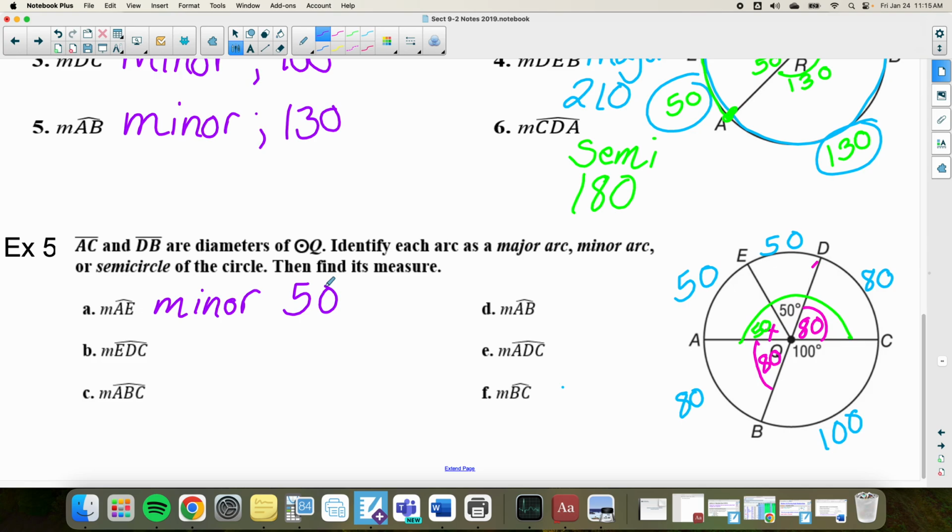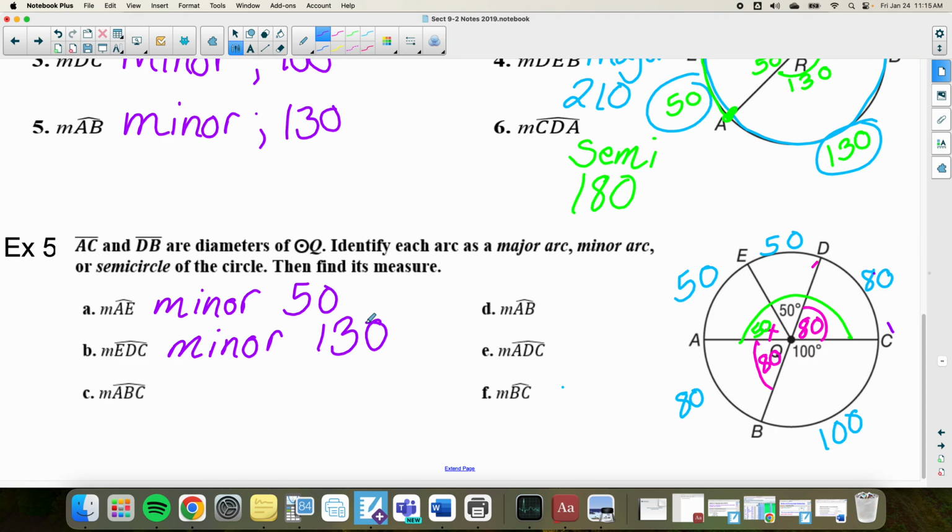So this has 3 letters, but it could be any of the 3: minor, major, or semi. Isn't this less than 180? So it's what? Minor. And 50 plus 80 is 130. So you can have 3 letters and it can be minor still.